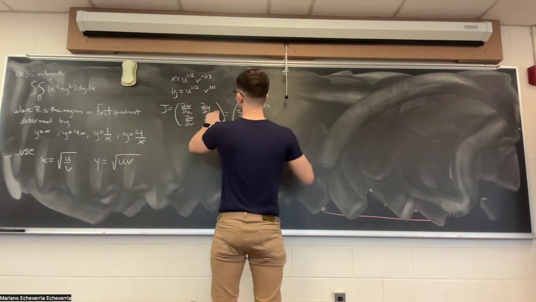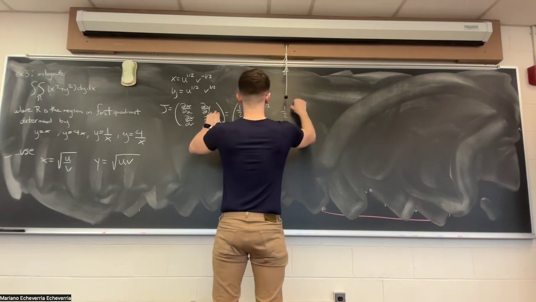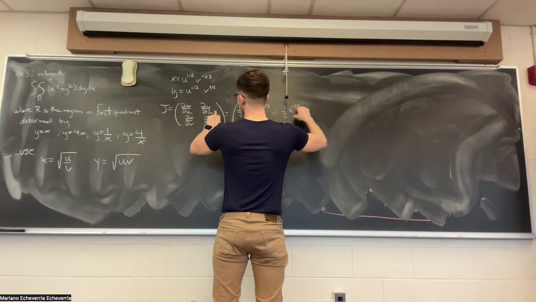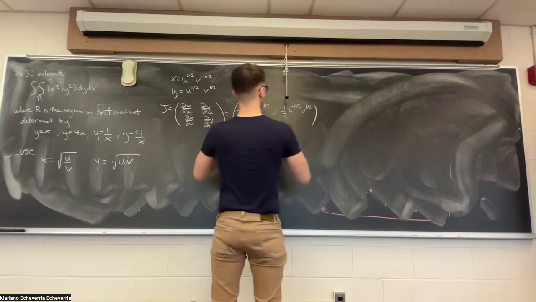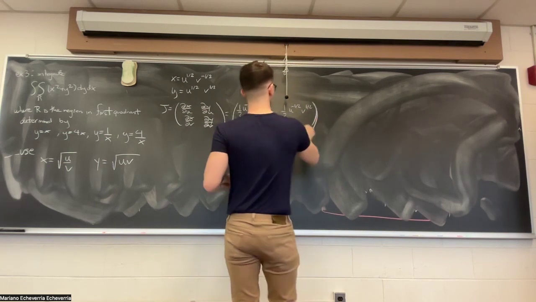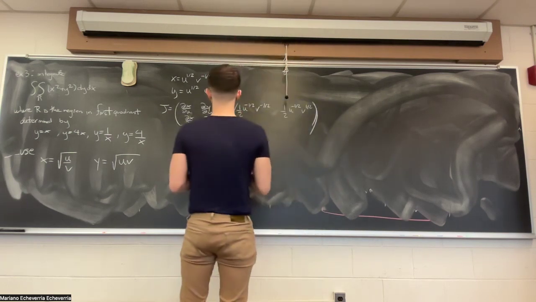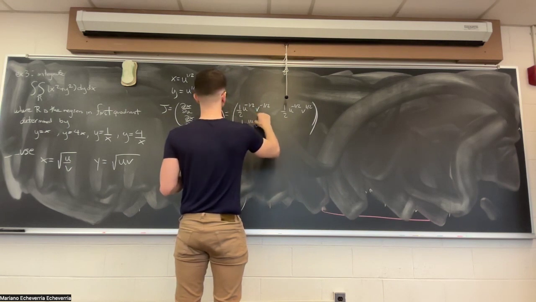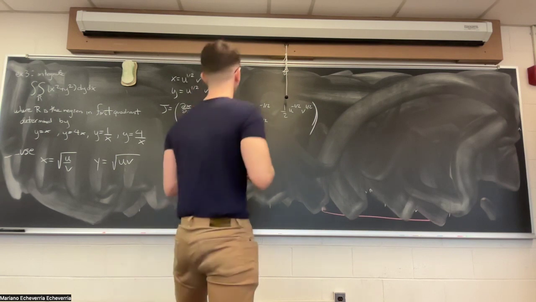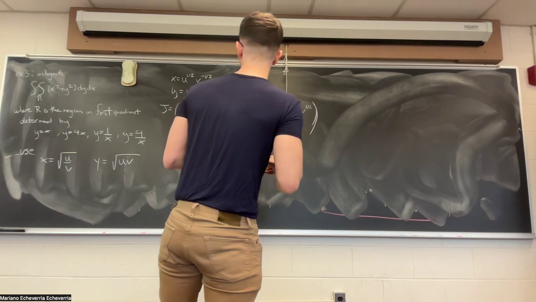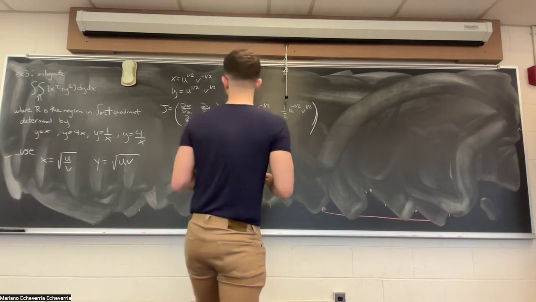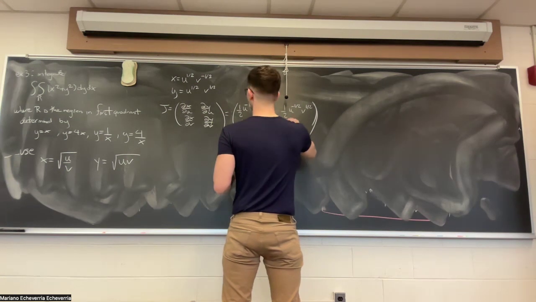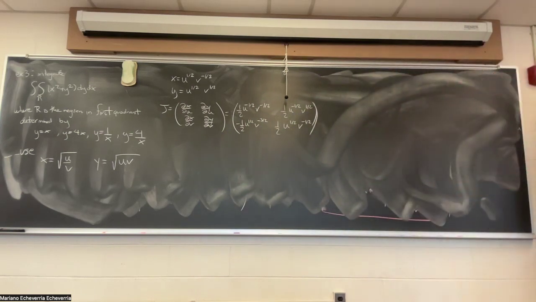Then with y, it is 1/2 u to the -1/2, v to the 1/2. Okay, so that is the first row of the matrix. And then for the second row, when you do it with respect to v, you get -1/2 u to the 1/2, v to the -3/2. That's the difference here. And then for y with respect to v, you get 1/2 u to the 1/2, v to the -1/2. Okay. It does simplify a lot, so it's not as bad as it looks right now.